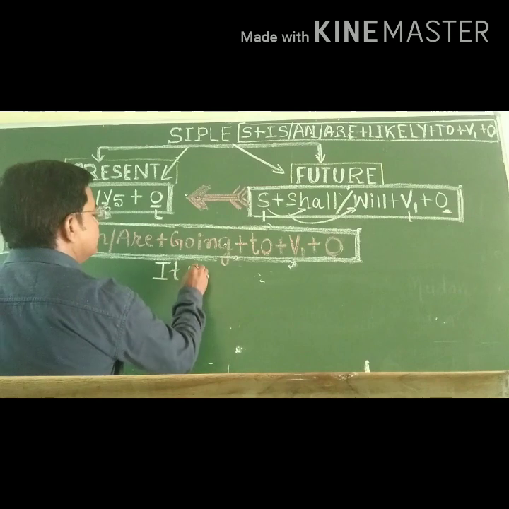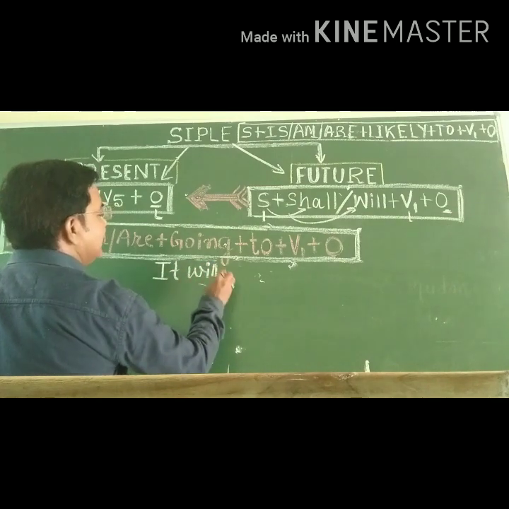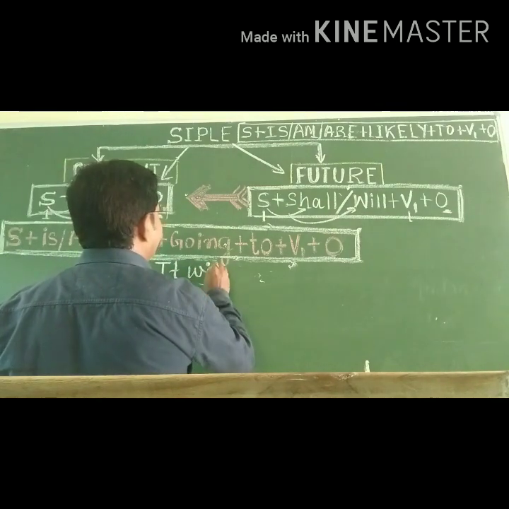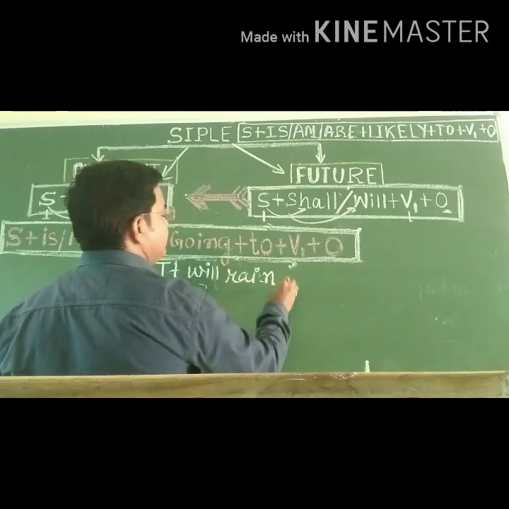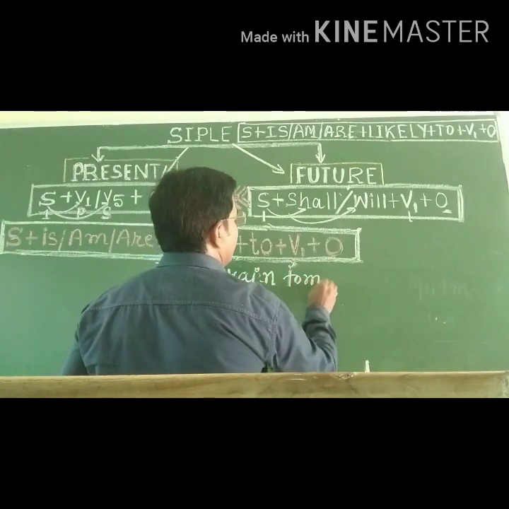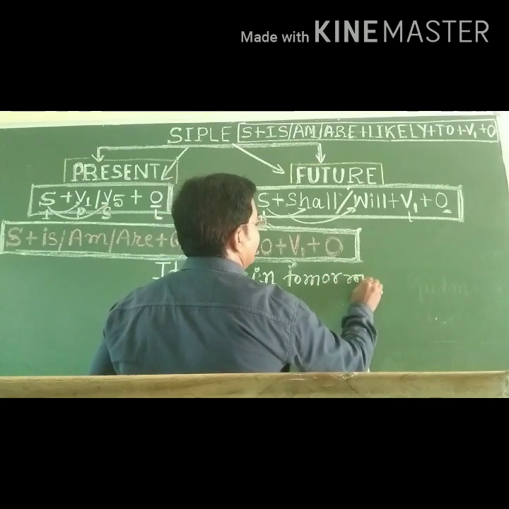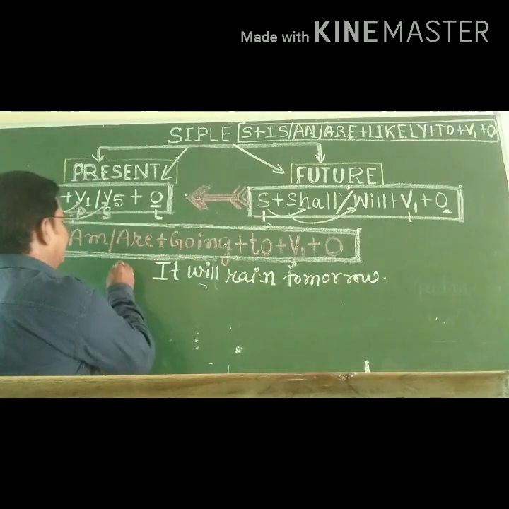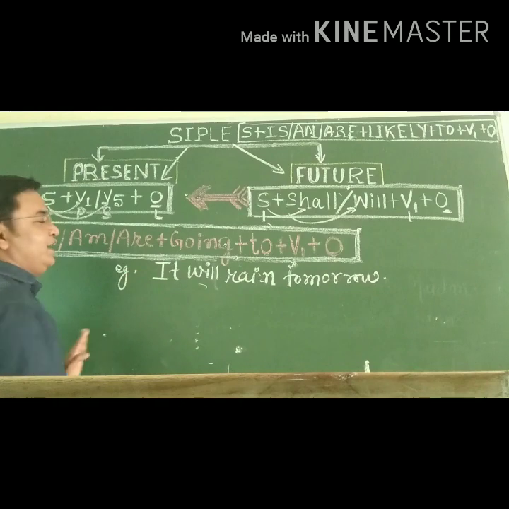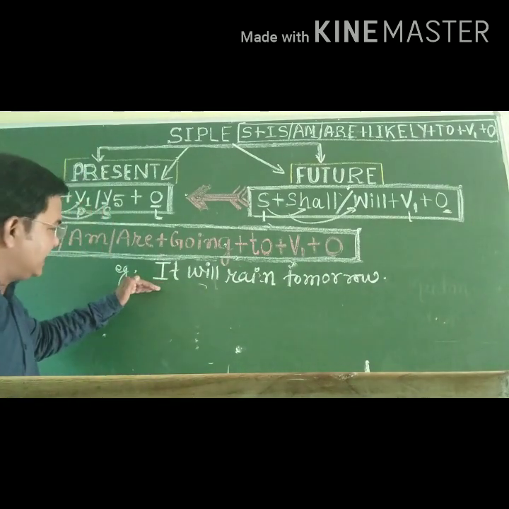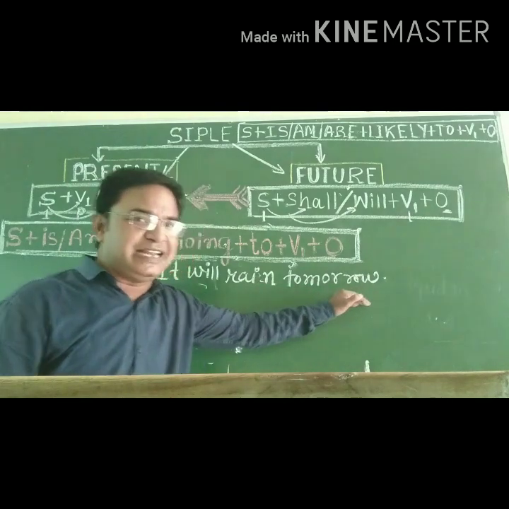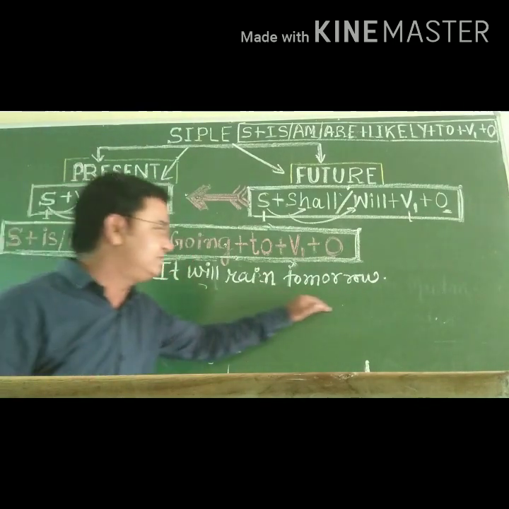Now, see another example. It will rain tomorrow. Again, with the example of this one, we are watching that this sentence is written in simple future tense.